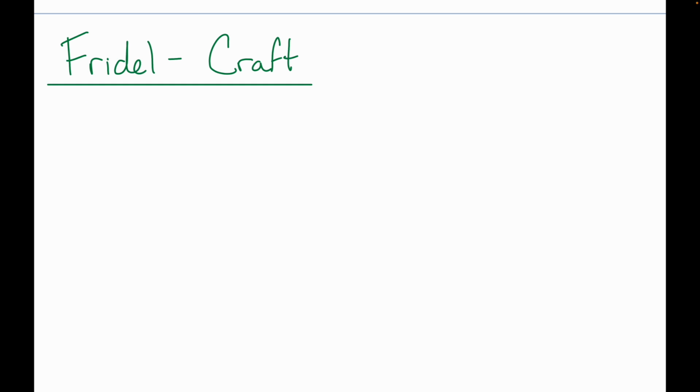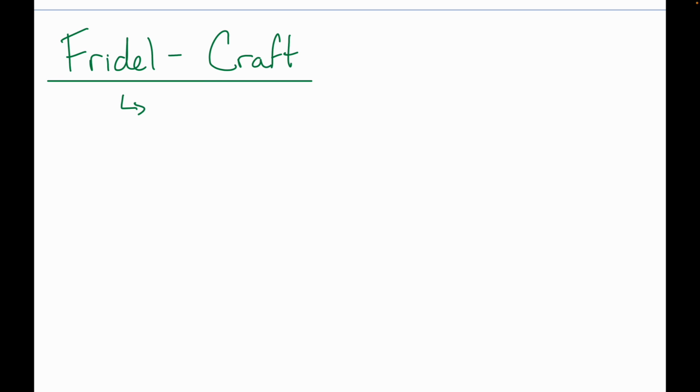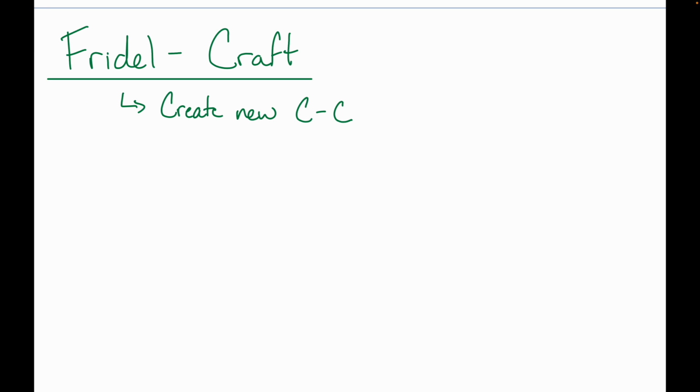These are particularly powerful in that they create new carbon-carbon bonds. So we're going to add some carbons to our benzene ring. The first would be a Friedel-Crafts alkylation reaction.